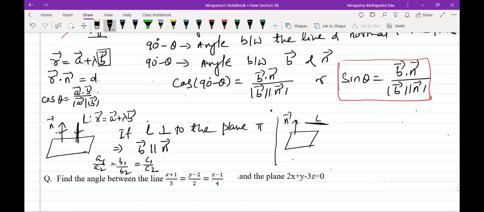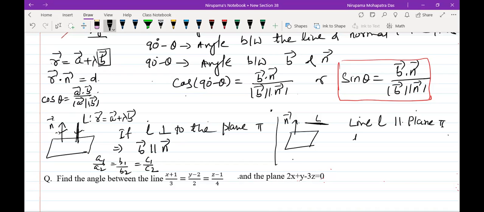In that case, L will be perpendicular to the normal.